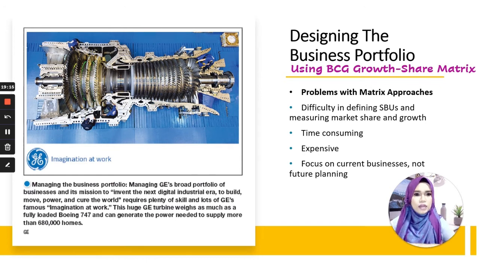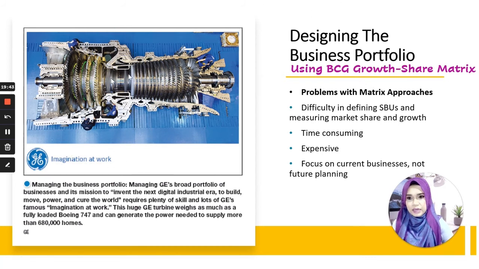It is also time consuming because you need to see the trends. Of course, it is expensive to do and you will be focusing on the current business, not the future planning, because you're looking at your current SBU. You will say, if we are the dog, then what next? You either hold it, divest it, or invest more. That's it. But you're not talking about the future plan.